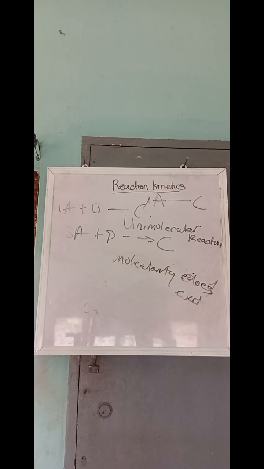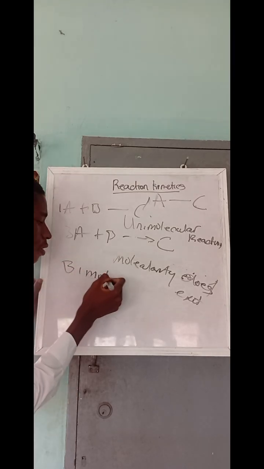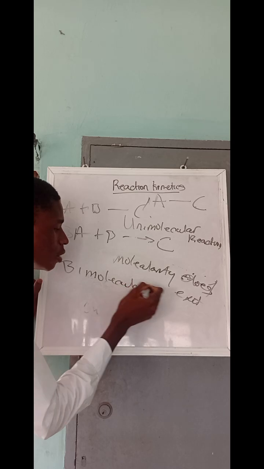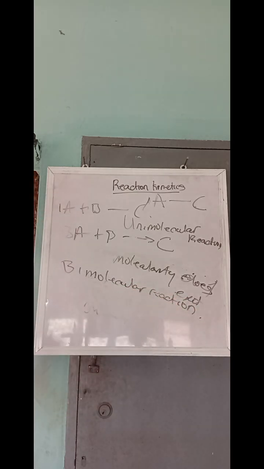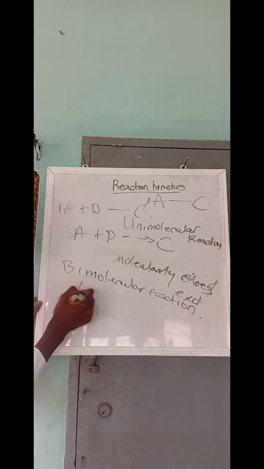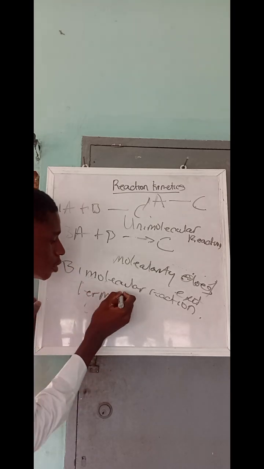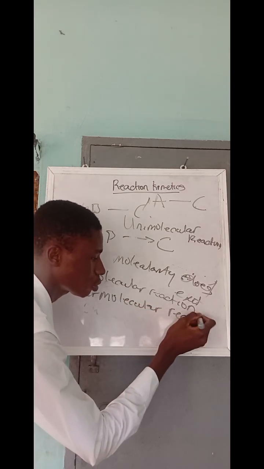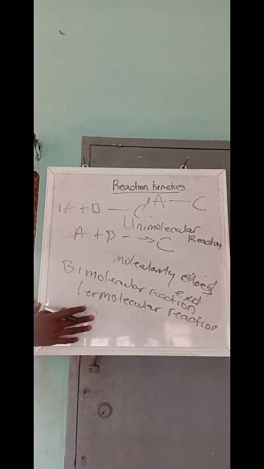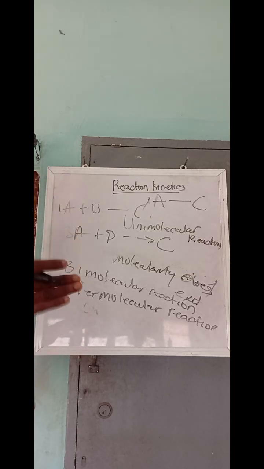When my molecularity is equal to 2, then it's called a bimolecular reaction. When my molecularity is equal to 3, then we call it a termolecular reaction. Please take note. It is not trimolecular, that's where students make mistakes. It's a termolecular reaction.